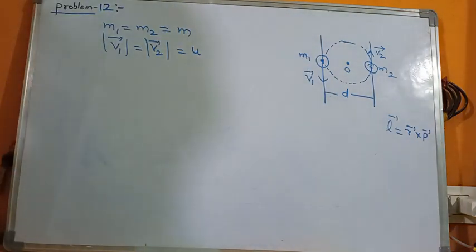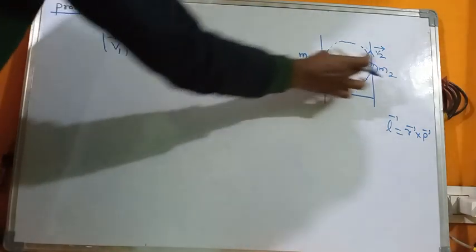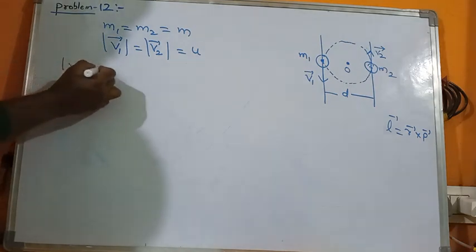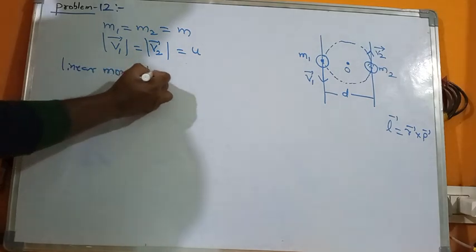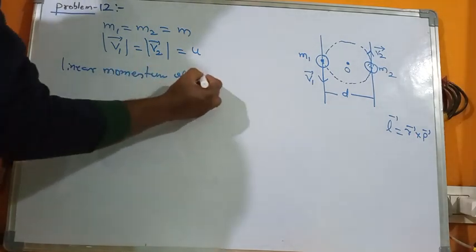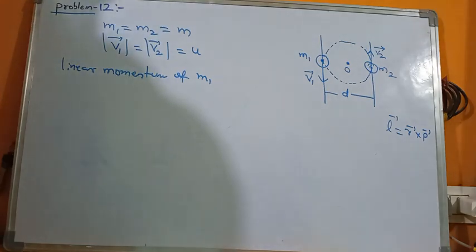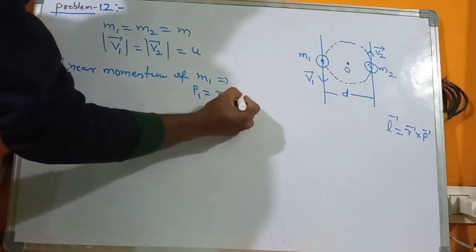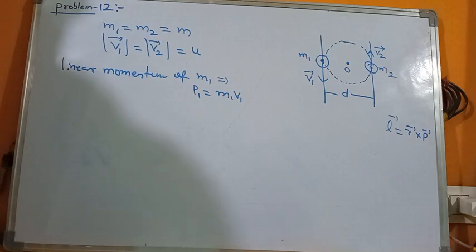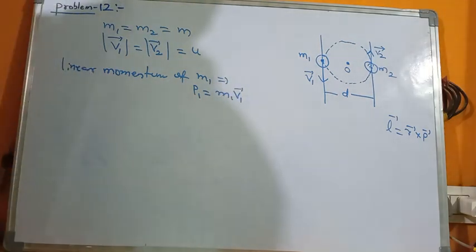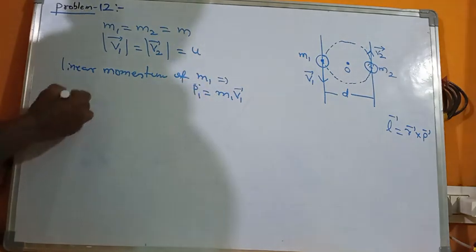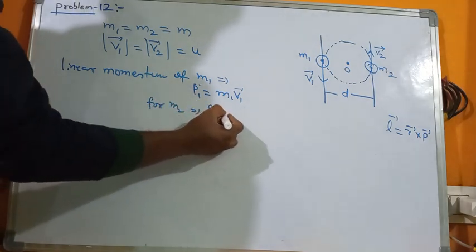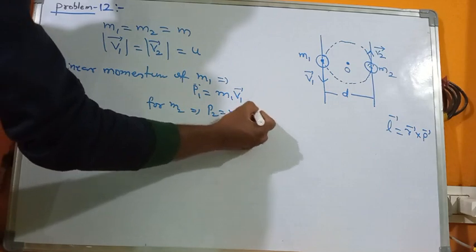Now find the momentum for the individual particles. The linear momentum of m1 is p1 equal to m1 v1, and the linear momentum of m2 is p2 equal to m2 v2.